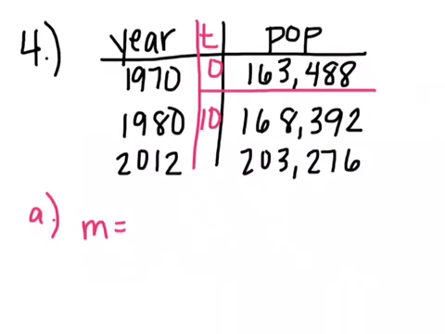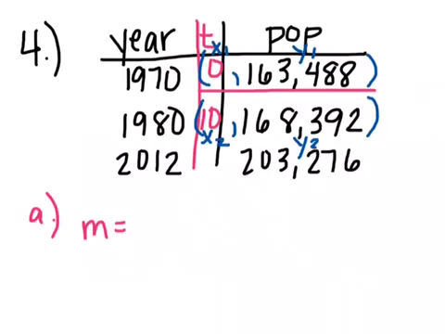So here's our first point. And our second point that we'll use is 10, 168,392. So we'll do 0 as x1, 163,488 as y1, 10 is our x2, and 168,392 is our y2.